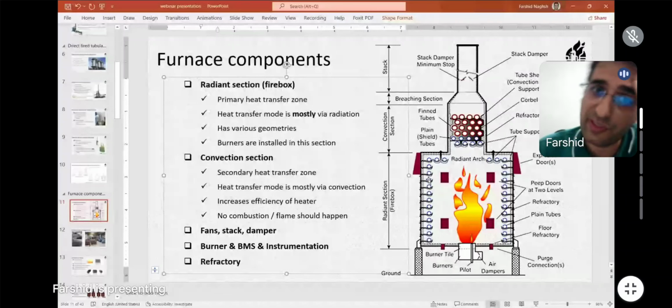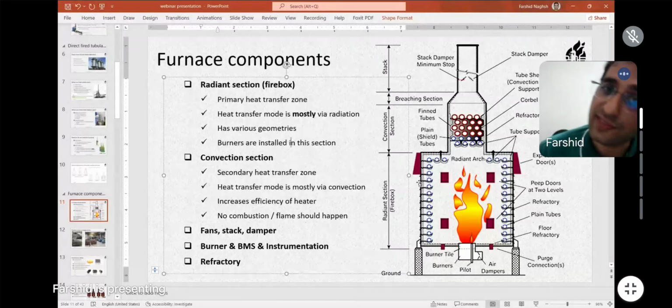So our second mode of heat transfer is radiation, but from refractory to the tubes. So we have two modes of heat transfer which are radiations: one from flue gas to tube, the other from refractory to tubes.